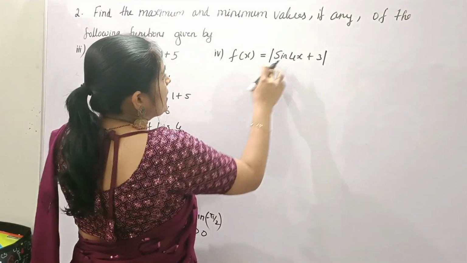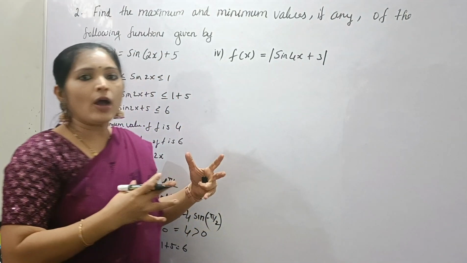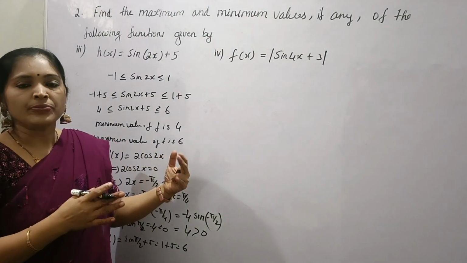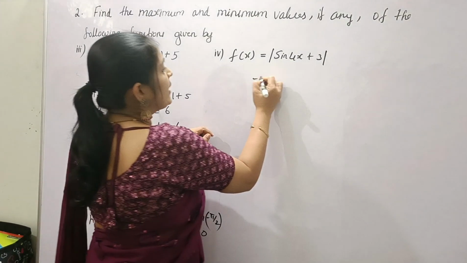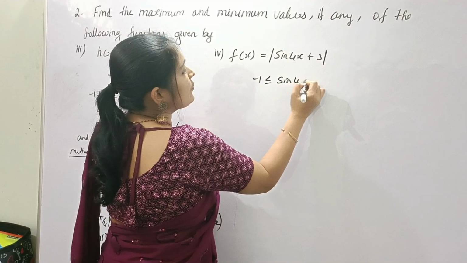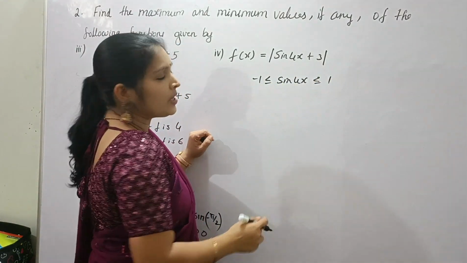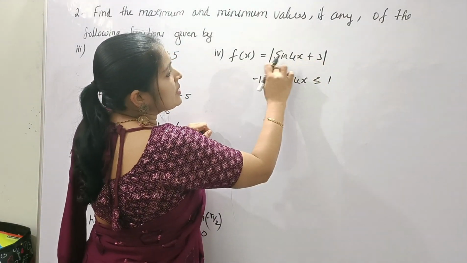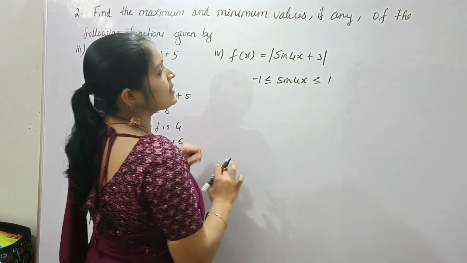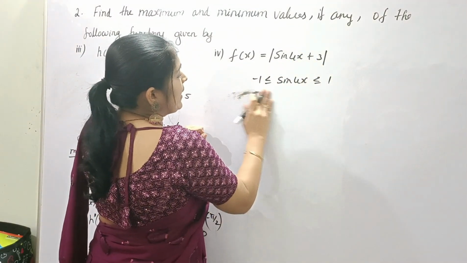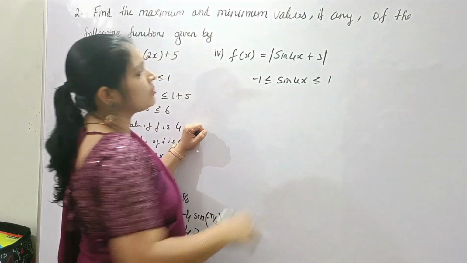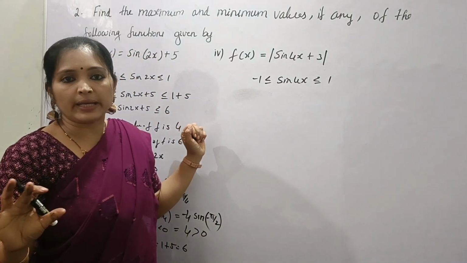Let's find it directly. Here we know that the sine function has range minus 1 to 1. So, minus 1 less than or equal to sine 4x less than or equal to 1. And here, since it is sine 4x plus 3, let's add 3 throughout.